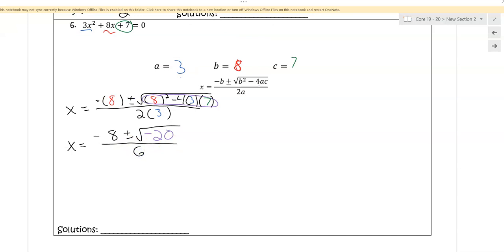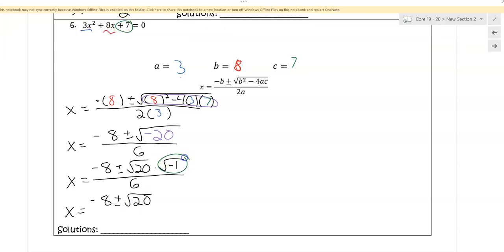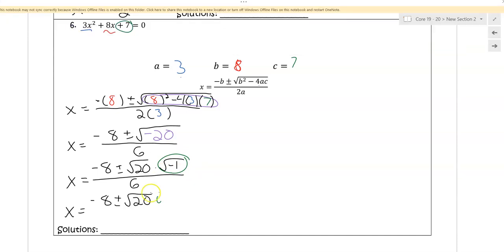Okay. So same thing, we have a negative under our square root. So we pull that negative 1 out. And then that negative 1 becomes our i. Right? Being very careful that the i is not under the square root. My square root ends, and then I write my i. So now I just split it.